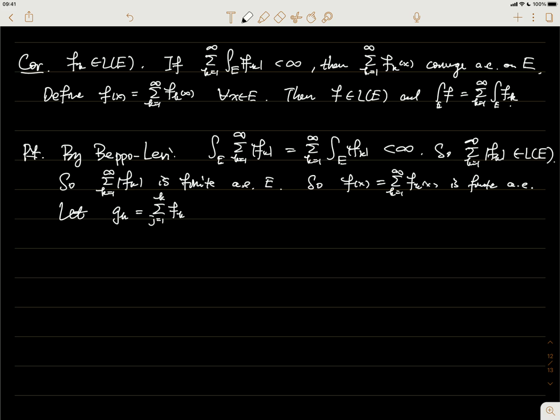And then we can see that the g_k converge to f almost everywhere, right? And at the same time, if we want to show the integral of f, we just need to check the integral of g_k and see if g_k is uniformly bounded by some integrable function. So consider g_k.